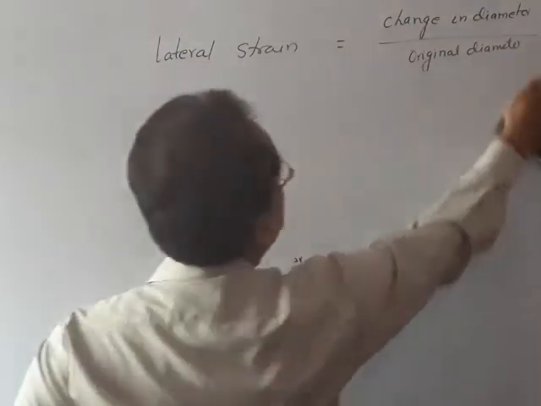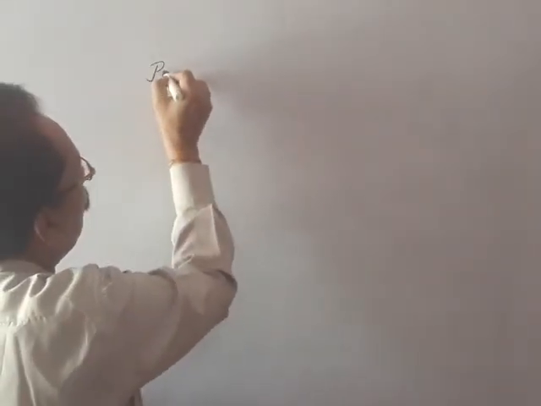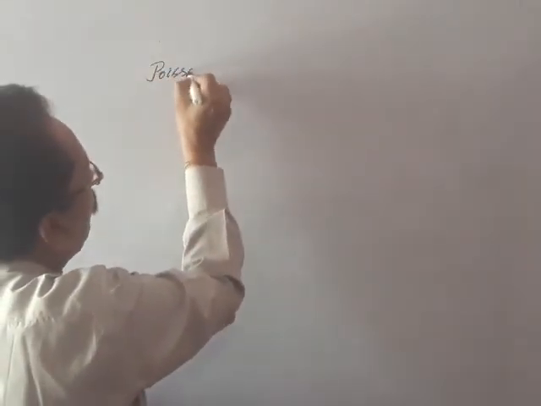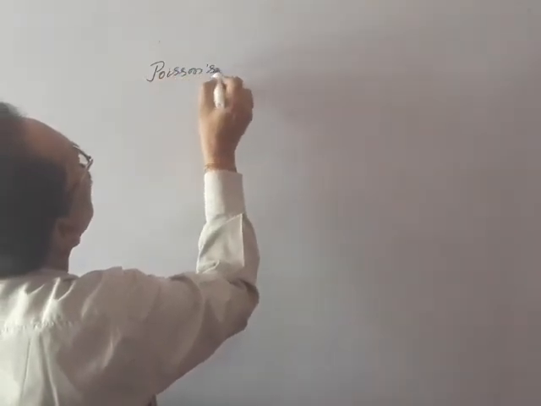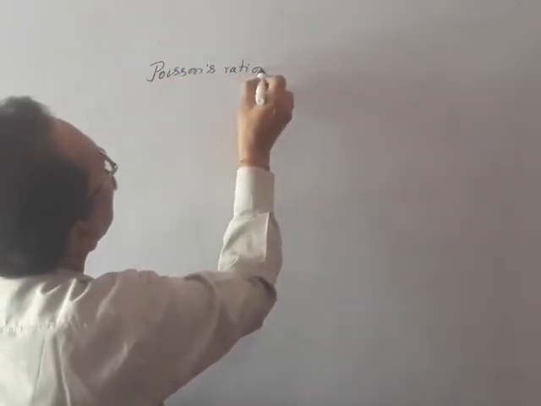Now, after knowing this, we come to the last point, and that is called Poisson's ratio. What is Poisson's ratio?